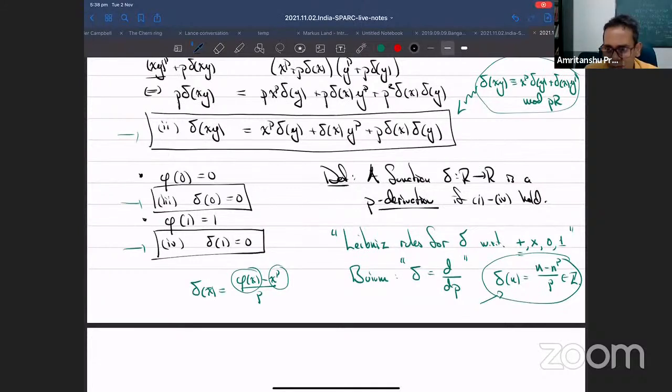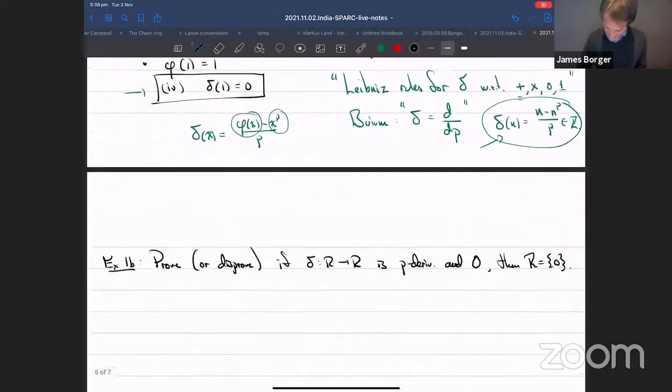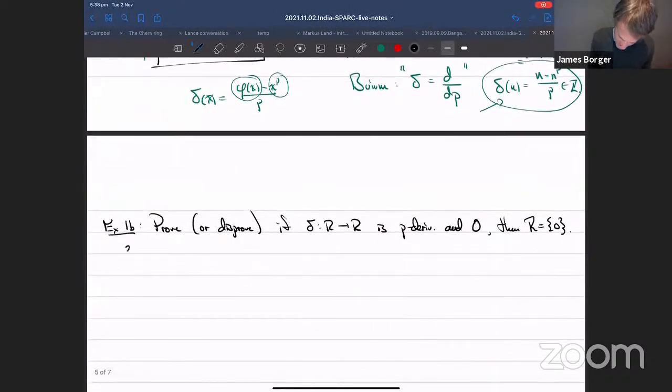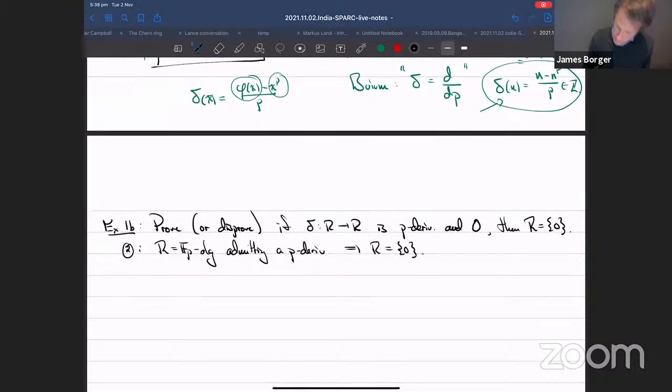If R is an FP algebra, then the delta is 0, right? No. So here's exercise 2. If R is an FP algebra admitting a p derivation, that implies that R is 0.